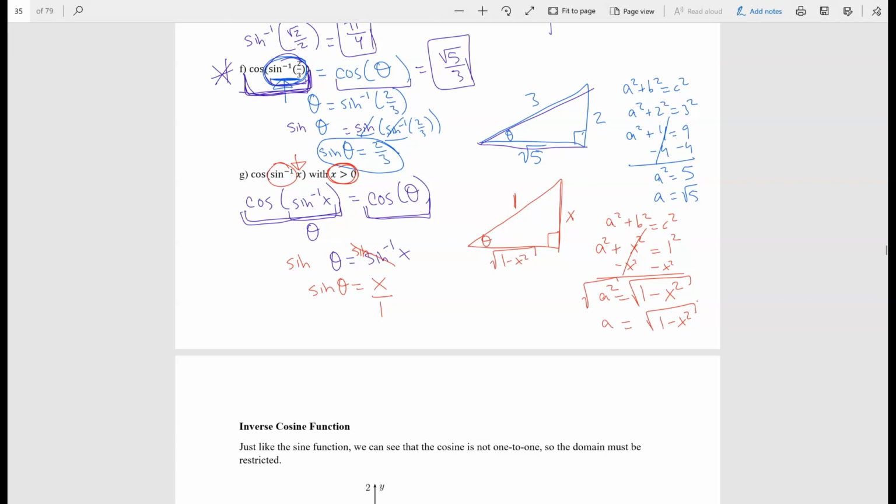Okay, so what's going to be the solution? Well, we need to figure out what cosine of theta is. Cosine of theta will be the adjacent over the hypotenuse. So the answer will be square root of 1 minus x squared divided by 1. And of course, you can get rid of the 1. You can just write it as square root of 1 minus x squared. And that will be my solution.